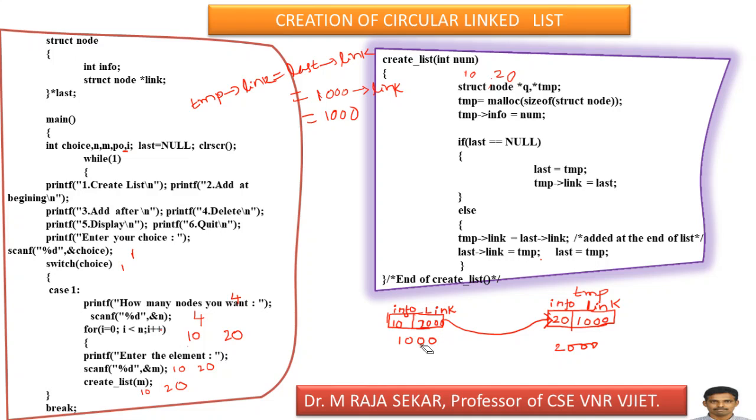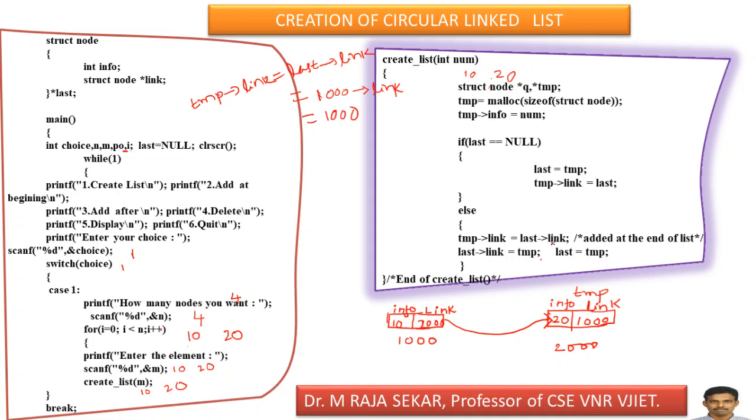Here, what does it say? tmp->link. tmp means what? 2000. tmp, this one, ->link is, this I kept. What is another statement? Just a minute. Yes, now where are we?